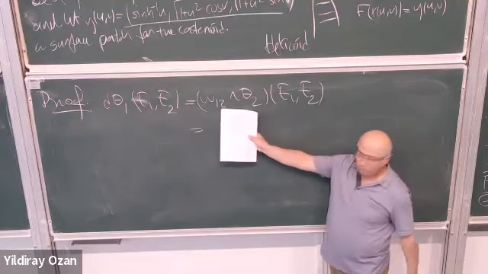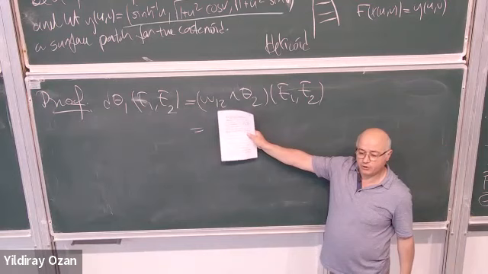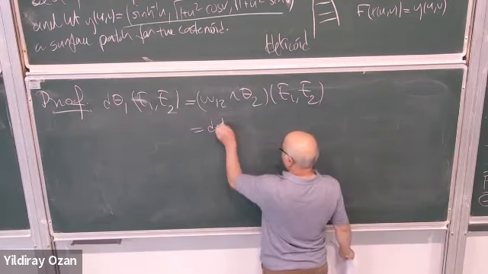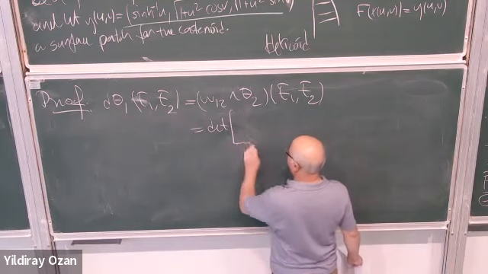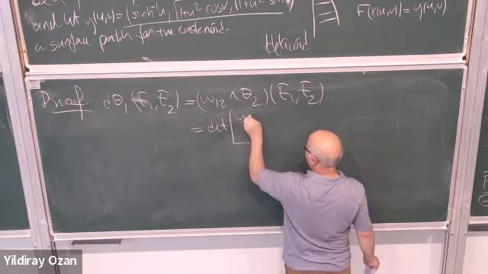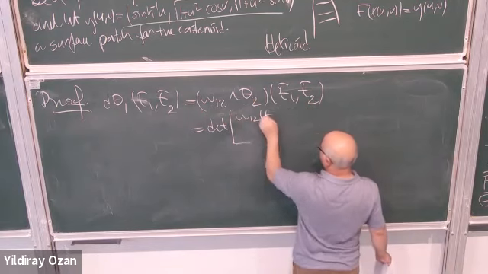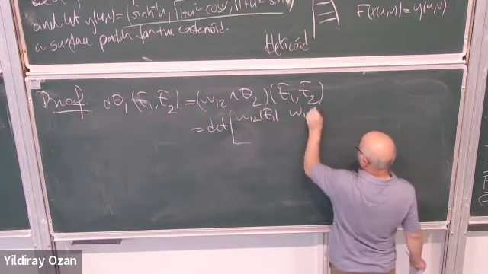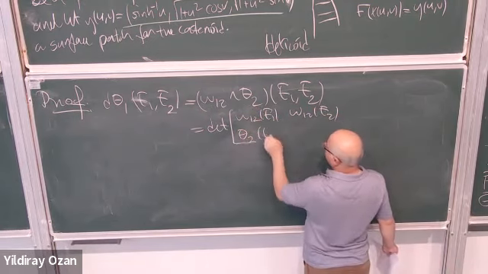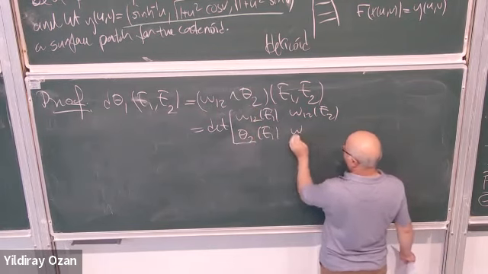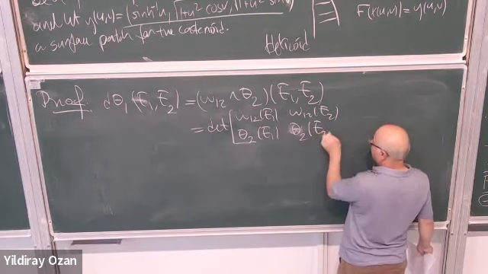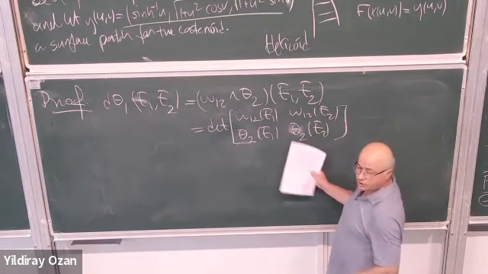How would you evaluate the wedge of two one-forms on two vectors? Well, that is computed as follows. You take the first one-form, evaluate on these two vectors, W12 on E1, W12 on E2, and then take the second one-form and write the results as entries of a 2x2 matrix like this. And then you take the determinant.